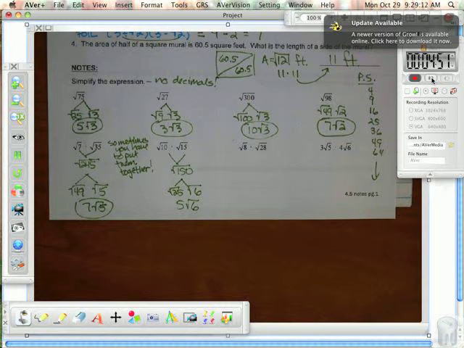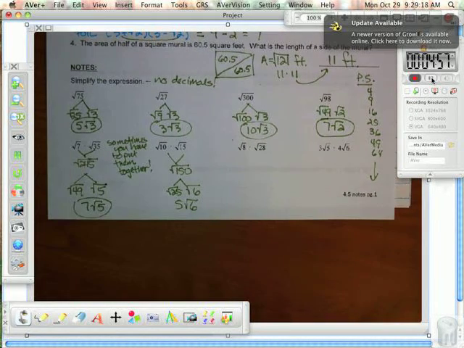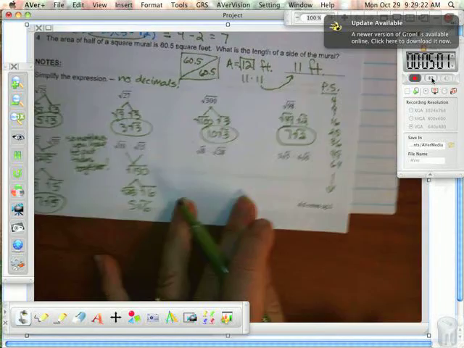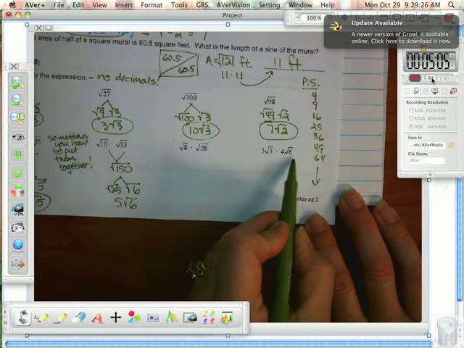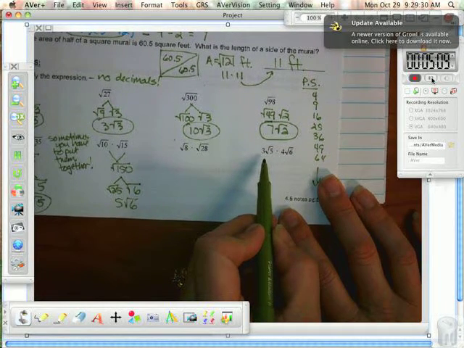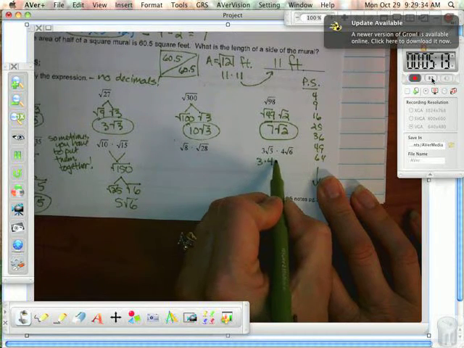Now, sometimes it doesn't help to put them together. I'm going to do this one first over here. This is all multiply, isn't it? Yeah? Can I write multiplication in any order? It's commutative, right? So I'm going to do 3 times 4, because this might help me solve this. Okay.